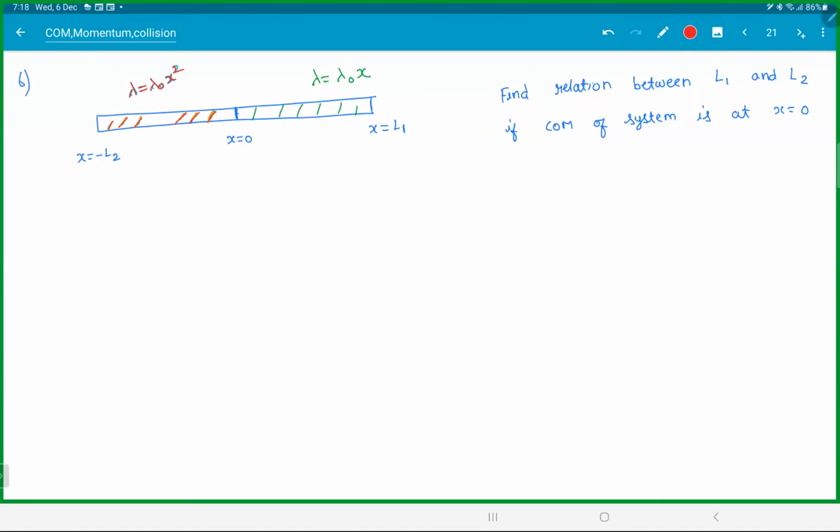If I give you linear density. And don't worry about the dimensions. Dimensions won't match. That lambda naught has the dimensions to take care of it. So don't worry about that.